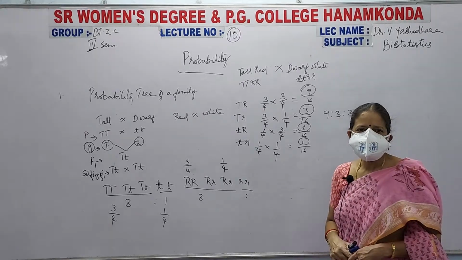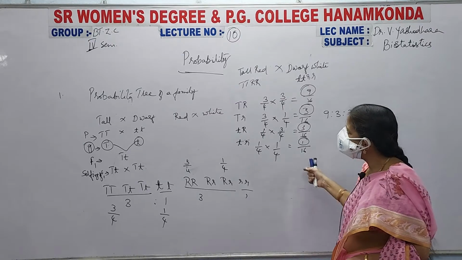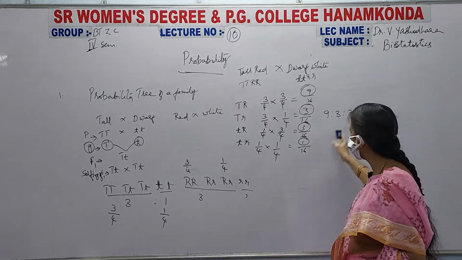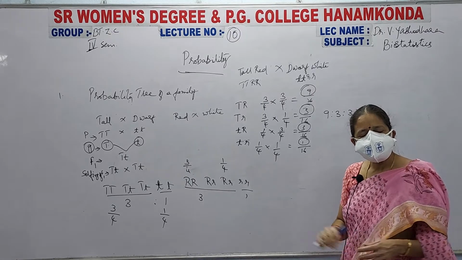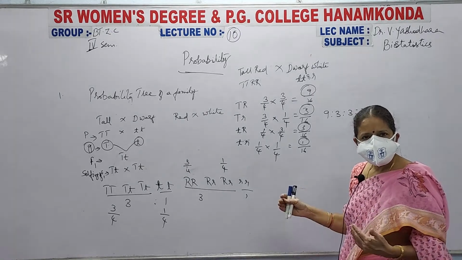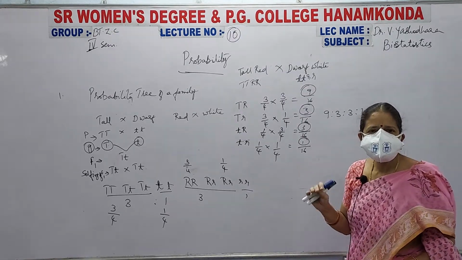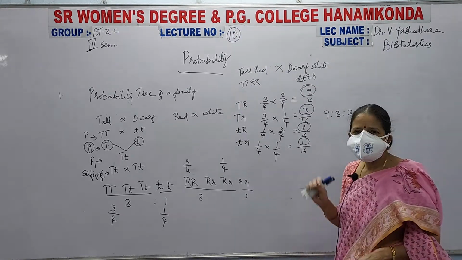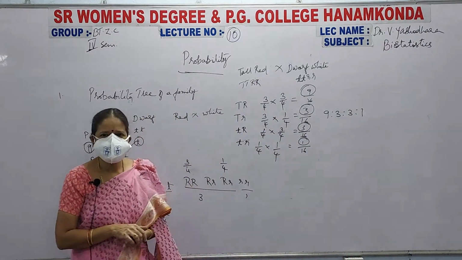Even after crossing you will get the phenotypic ratio 9:3:3:1. But here by probability we have calculated this and we got the same phenotypic ratio of dihybrid cross, that is 9:3:3:1. These are the 4 important applications of probability.